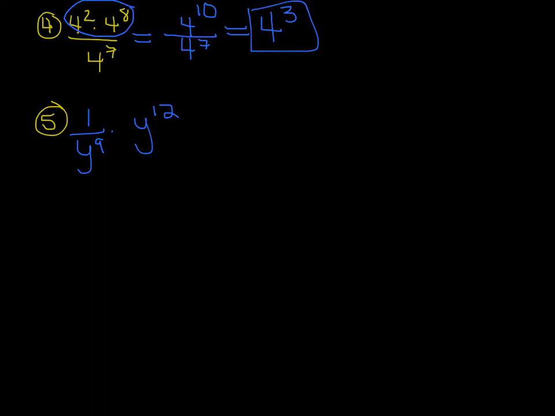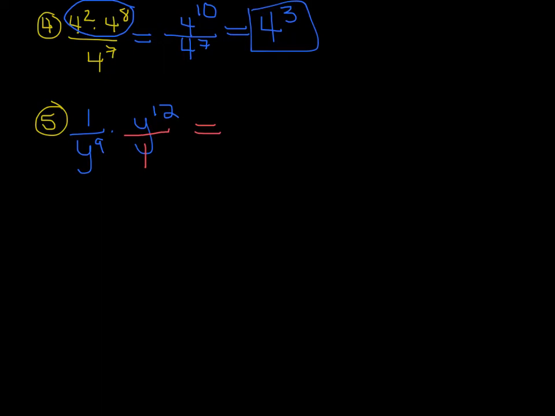So we have 1 over y to the 9th times y to the 12th. In general, when you're working with fractions and you're multiplying, you have to multiply straight across. This is no exception. The only thing about this problem is that y to the 12th has no denominator. So we're going to write it over 1.